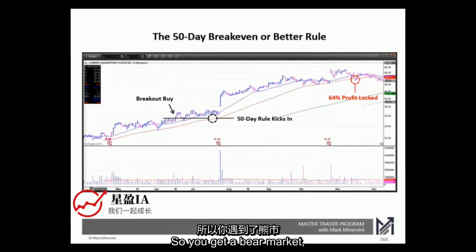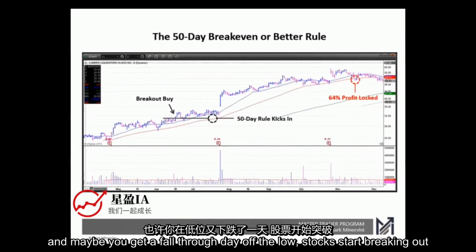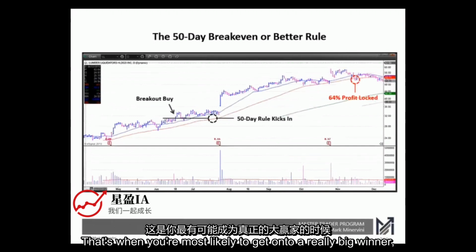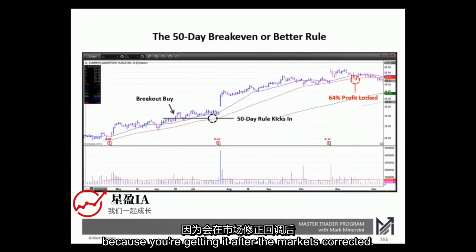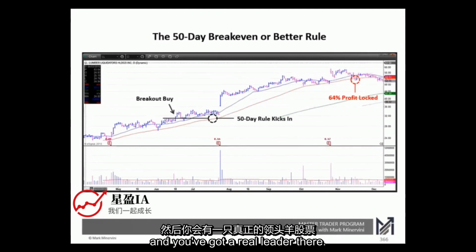So you get a bear market and you start to bottom and stocks start setting up, and maybe you get a follow-through day off the low, stocks start breaking out, and you start owning a few names off the lows of the bear market. That's when you're most likely to get onto a really big winner, because you're getting it after the market's corrected, and you may be getting some of those first movers that are holding up the best, and you got a real leader there.